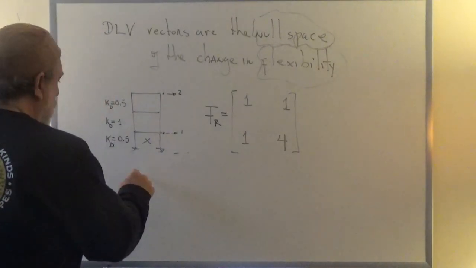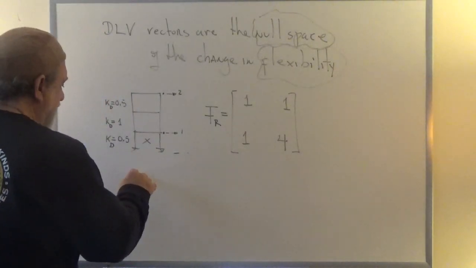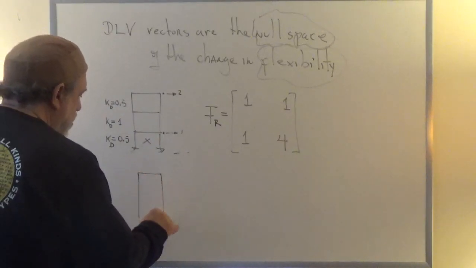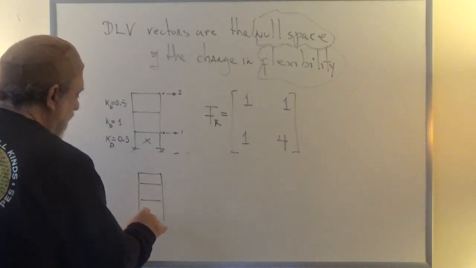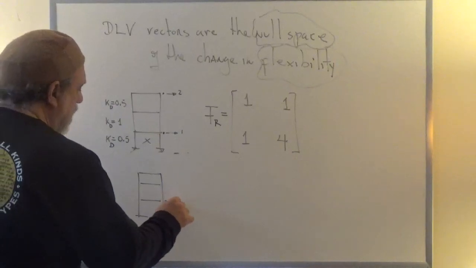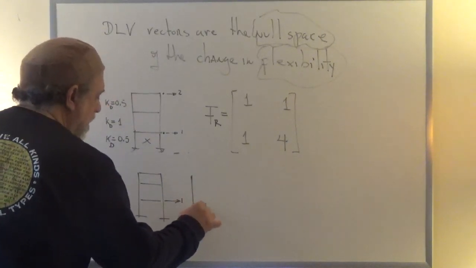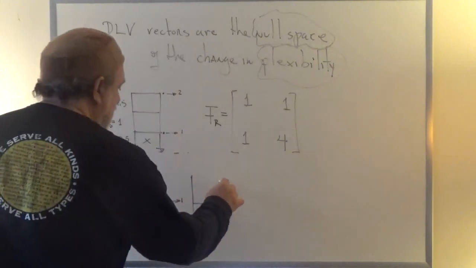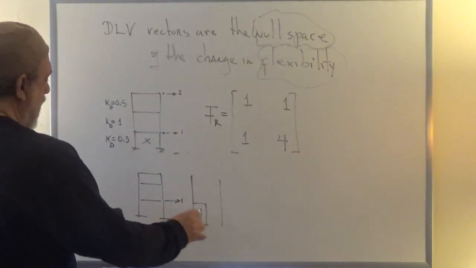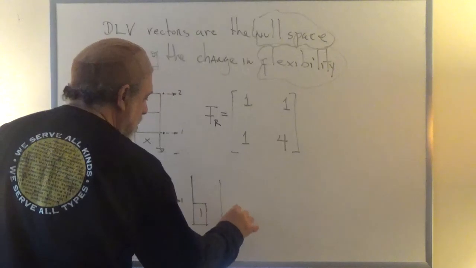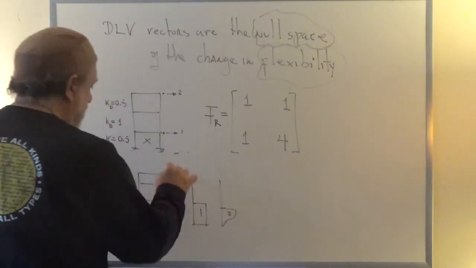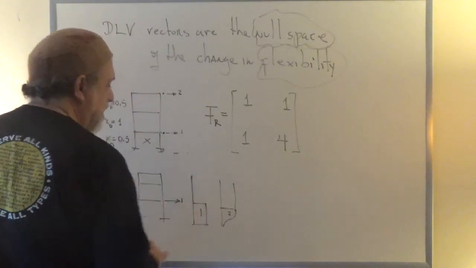So now we want to calculate the flexibility matrix again. We take our structure, 1, 2, 3. We apply a unit load at 1, and we see that the shear pattern is this. Therefore, the deformation pattern is 1 divided by 0.5, which is 2. And there's no shear in the other levels, so it's like this.